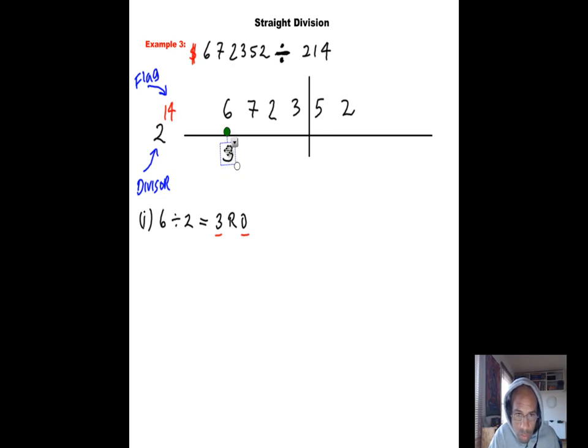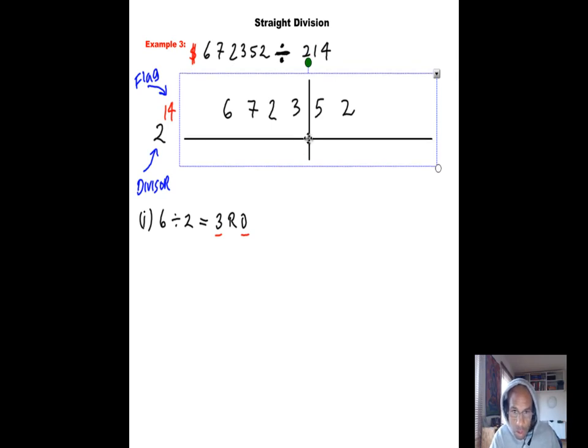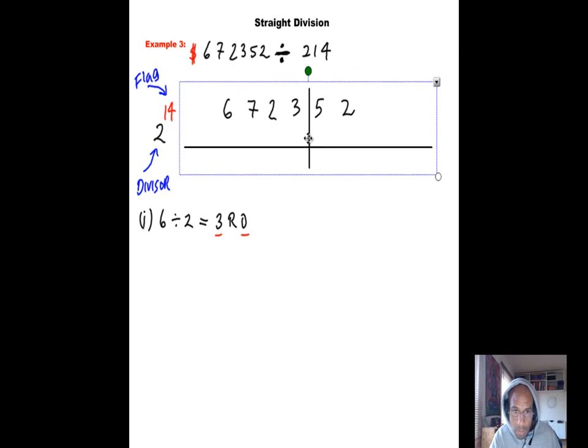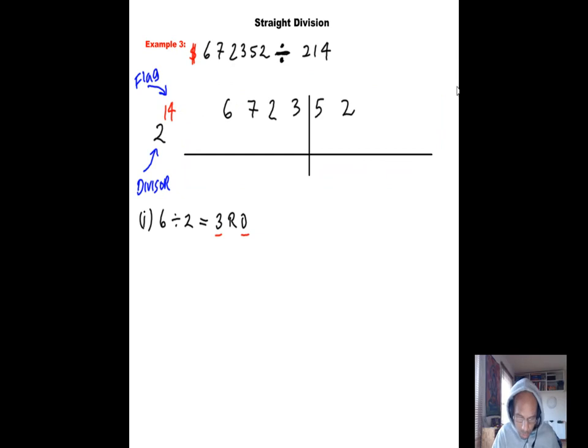Awkward, stubborn fool. I'm just going to get rid of him. Get out of the way. What I want to do is move this down a bit, to be honest. Move this, so that we've got enough space to put the remainders. Right, so let's get back to business, right?